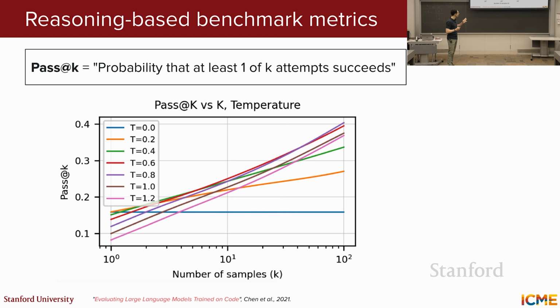Well, if you take a very low temperature, you know that your solutions will be good, but they will not be diverse. So if you increase the number of samples that you generate, that quantity will not change, as seen in this graph with t equal to 0. It doesn't change. But when you have t equal to 0.2, now it increases because you have some diversity.